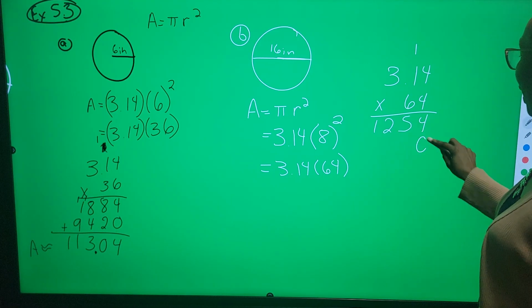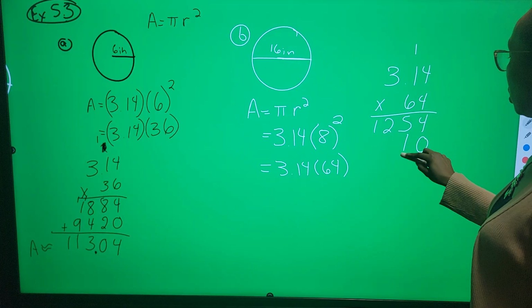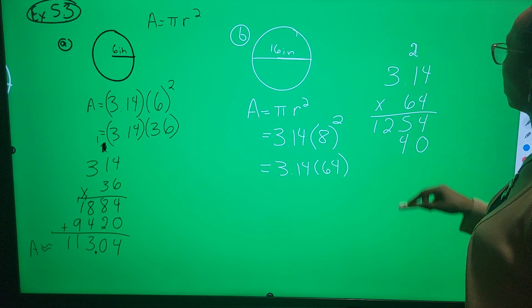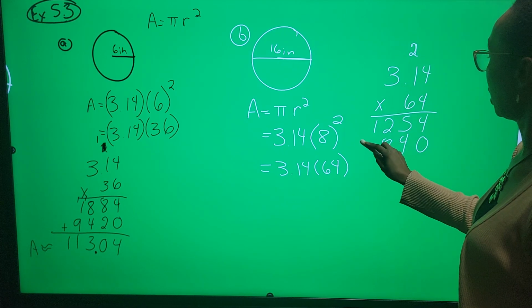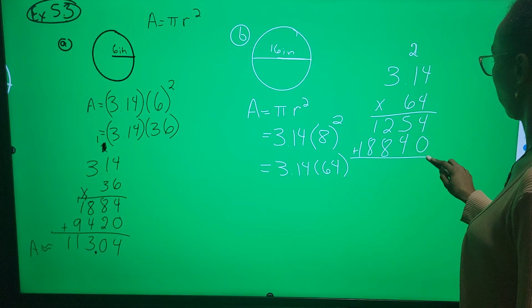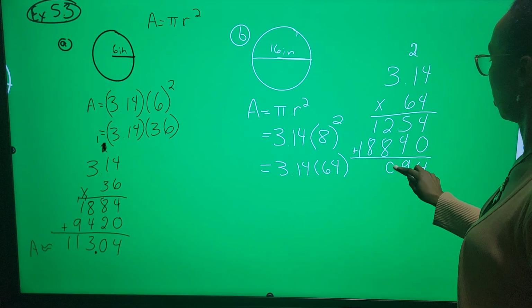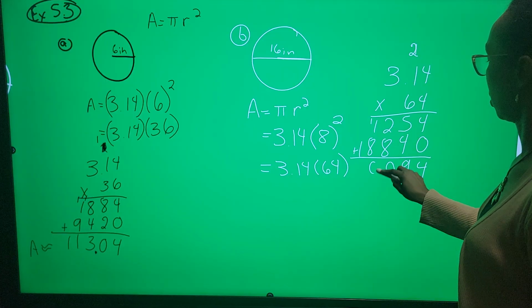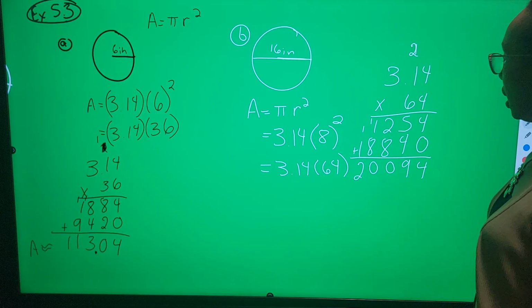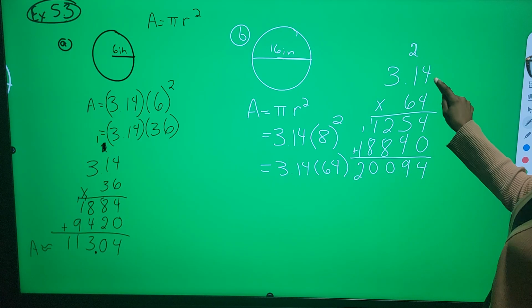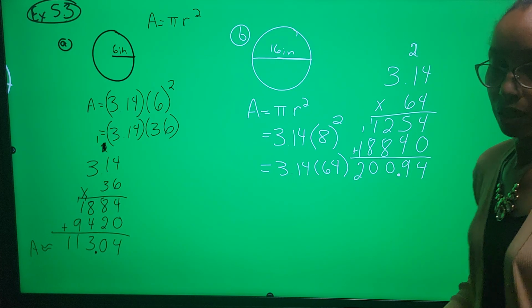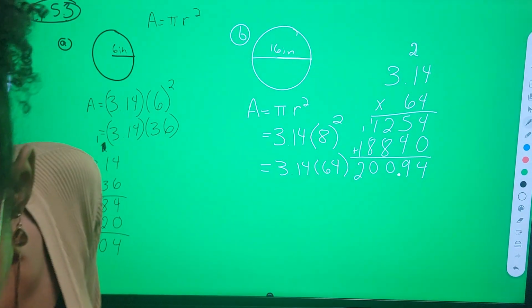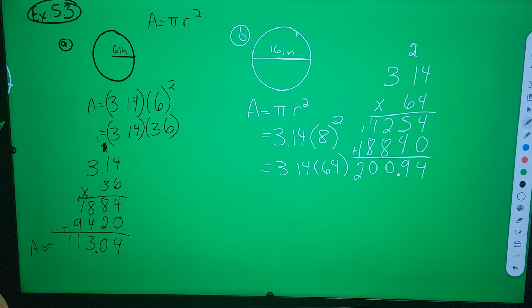And then carry my 0. 6 times 4 is 24. 6 times 1 plus 2, and then 6 times 3. And then 2 decimal places once again, because 1, 2 here, 1, 2 right there. So our answer is 200.96. Oop, I didn't put the unit.